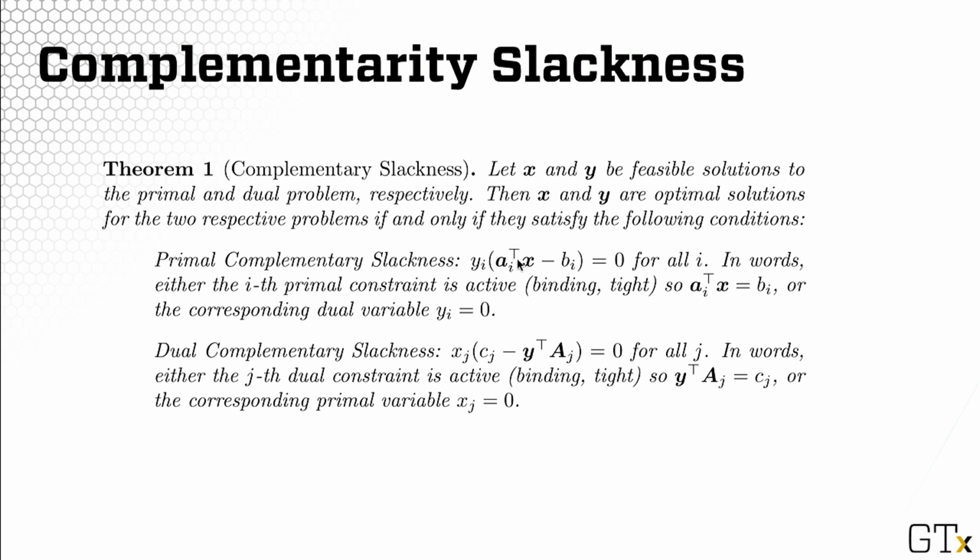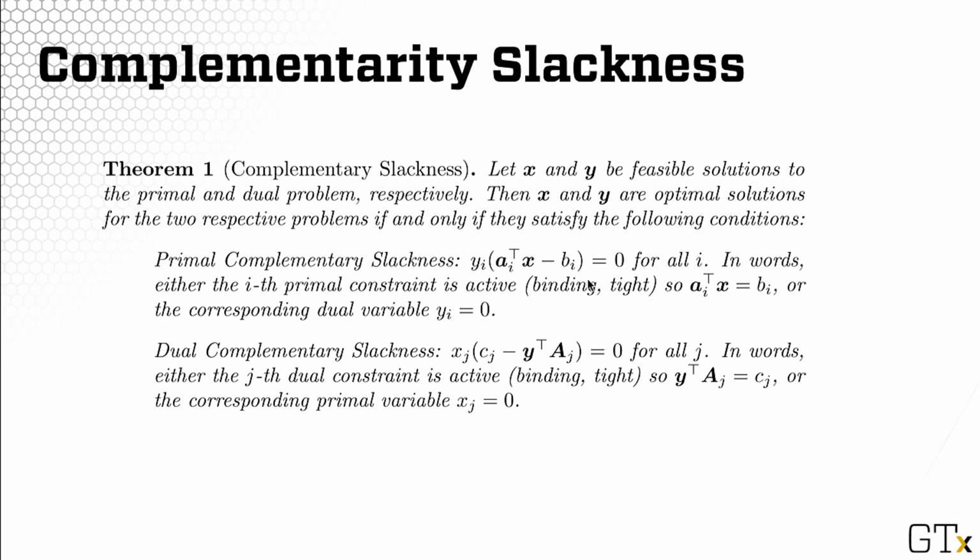Remember, for any primal constraint, we assign a dual variable. So we have this pair of product for every primal constraint. In other words, there can be only two possibilities. Either the primal constraint, the i-th constraint, is active at x, meaning ai transpose x minus bi is 0, so in that case the product is clearly 0.